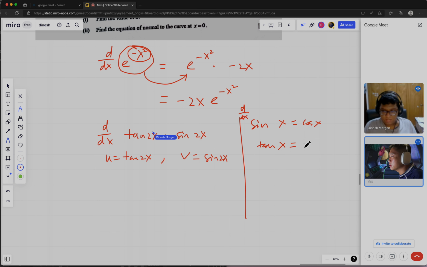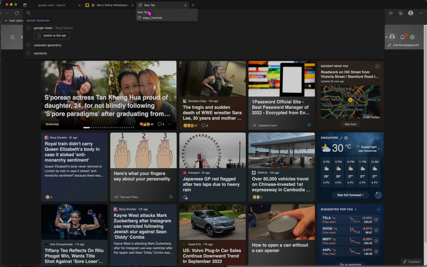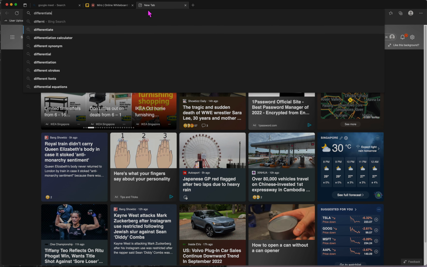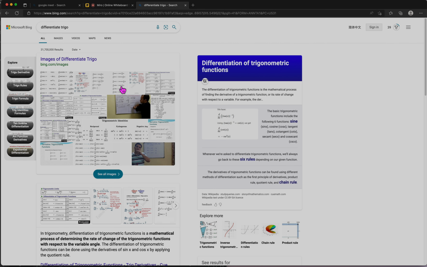I cannot recall already. Secant square? Is it? I'm not sure, and it's not given, right? No, it's not. Let me quickly differentiate trigo. I'm going to put them all here.